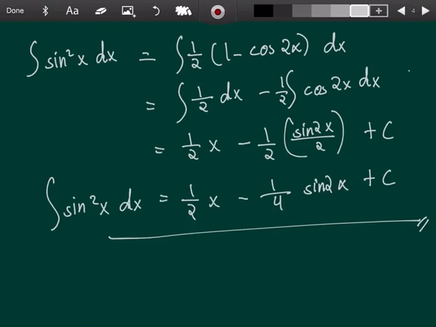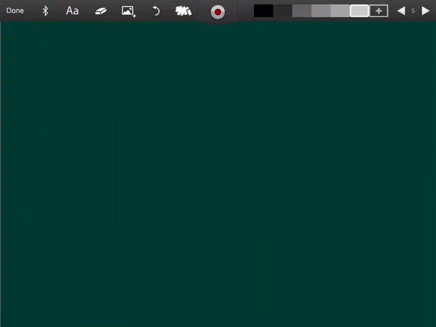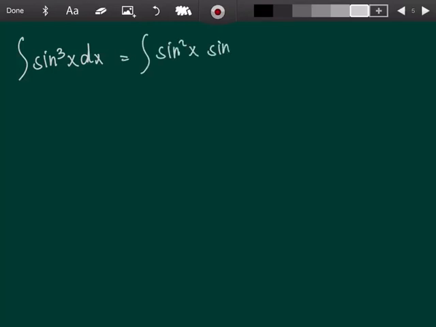Okay? So what if we level up? Let's do the integral of sine cubed x dx. What we will do here is try to separate it: sine squared x times sine x dx. That would be equal to (1 minus cosine squared x) sine x dx.